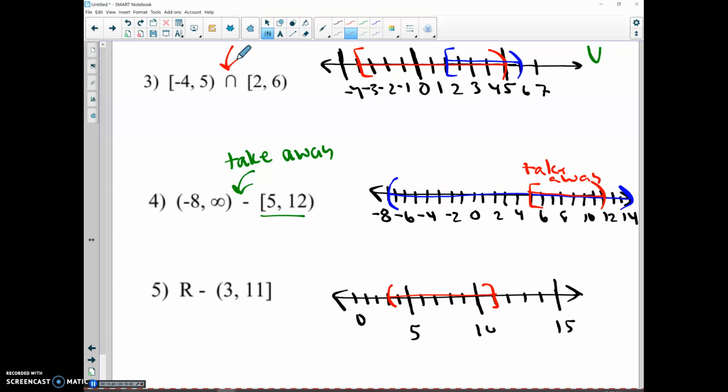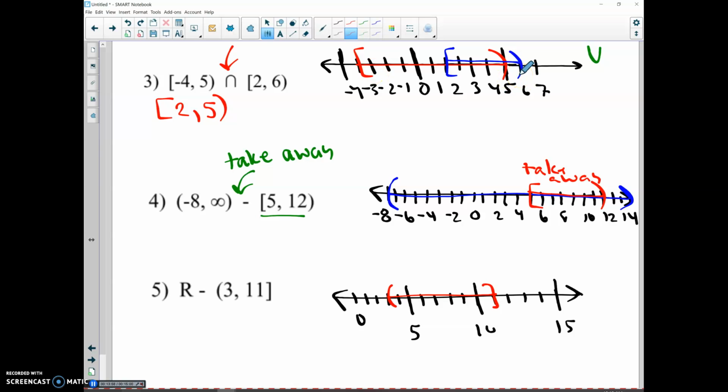So the answer to number 3 would be the section that is blue and red, from 2 to 5, so bracket 2, comma 5, parenthesis. Negative 4 through 2 is only single shaded red, and 5 to 6 is only single shaded blue.